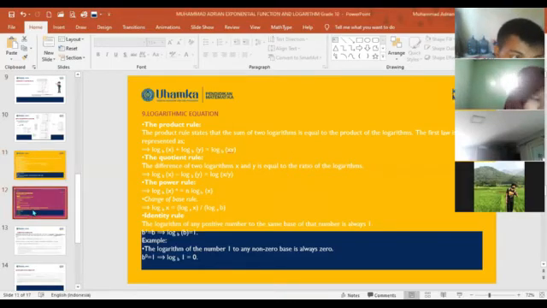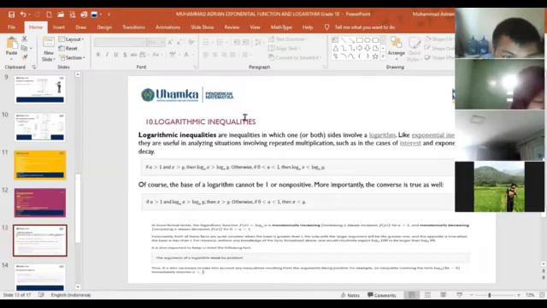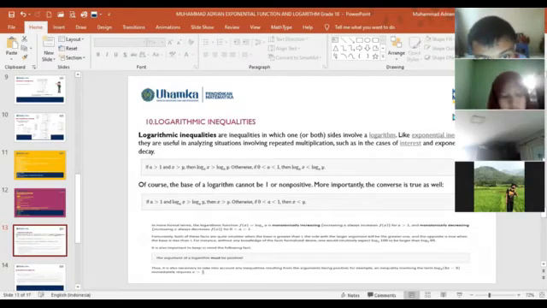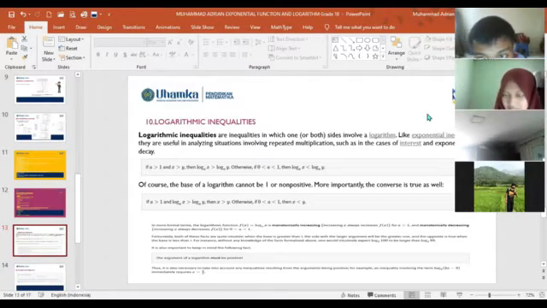Okay, next. Logarithmic inequality. Logarithmic inequalities are inequalities in which one or both sides involve logarithms, like exponential inequality.